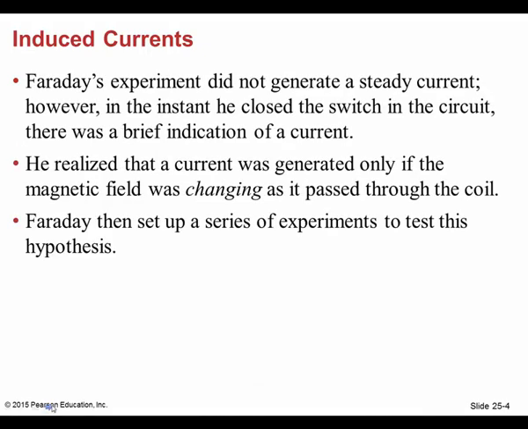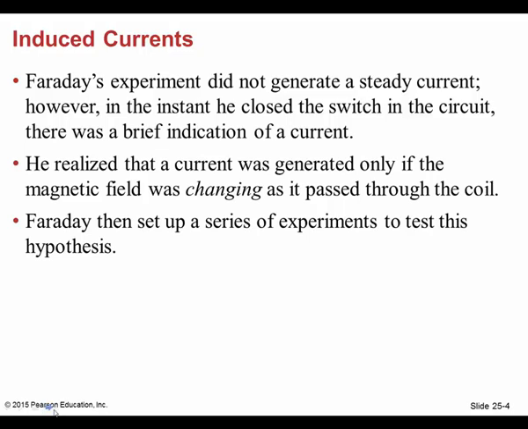And so what he realized is that current could be generated if you could change the magnetic field that the coil of wire was passing through.